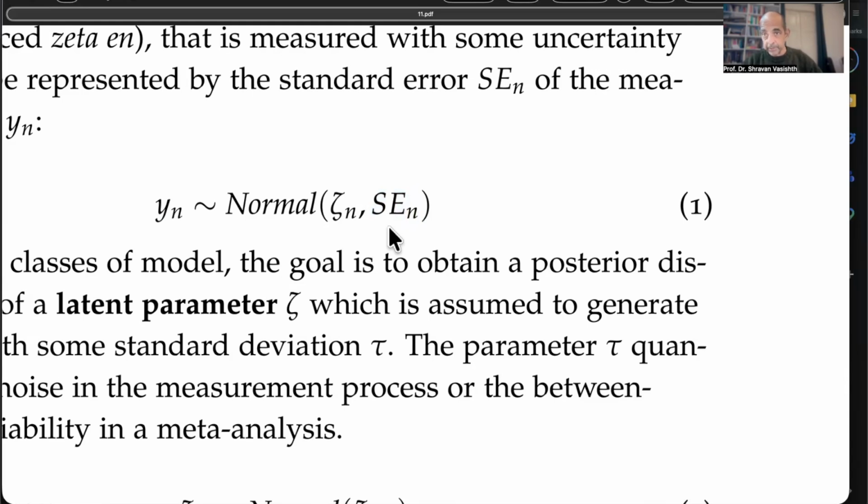That's actually part of the data that we are getting from each study. And the underlying effect size in each of those n studies is an unknown latent parameter, which I'll call zeta sub n. So each of the n studies has its own latent parameter value, which represents its true effect size.